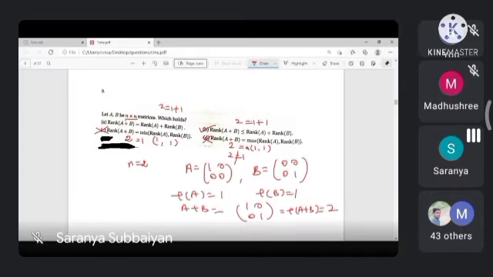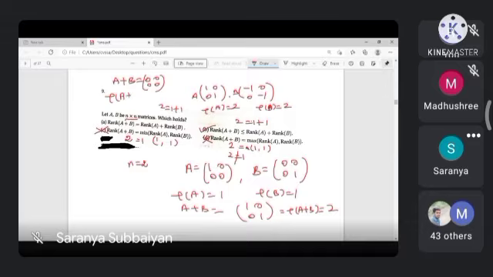Suppose I am taking 1, 0, 0, 1 and minus 1, 0, 0, minus 1, right? If you are adding, this rank is 2. Here also rank of B is 2. This is B, this is A. So what is A plus B? 0 matrix, right? So rank of A plus B is 0.